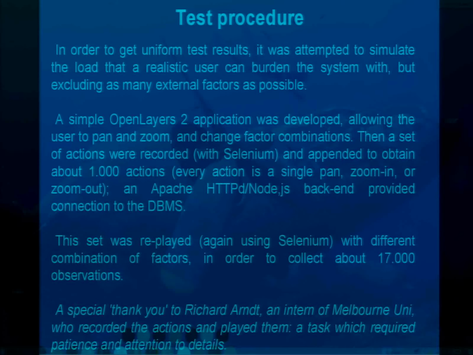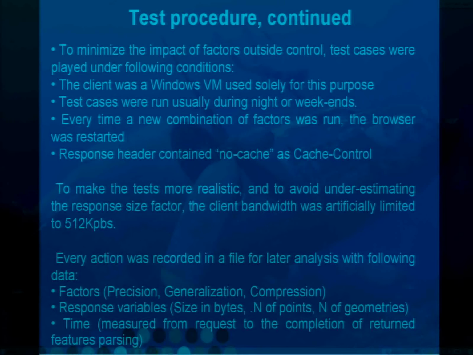And of course we built a small front end with OpenLayers 2 and a small back end with Node.js connected to CouchDB and PostGIS. In order to reduce as much as possible the variability in our observations, we ran these tests at night or during weekends. We had a dedicated Windows VM with Firefox on it.